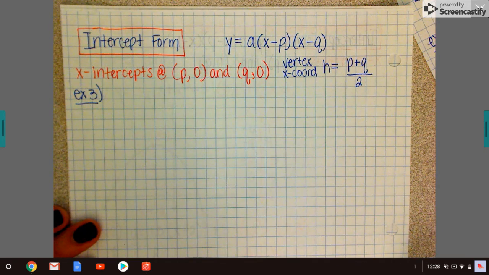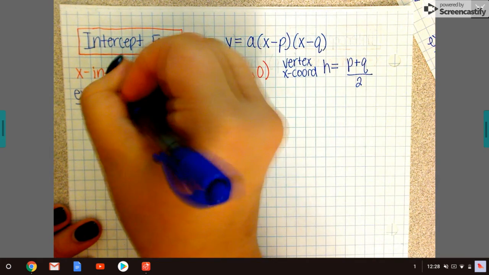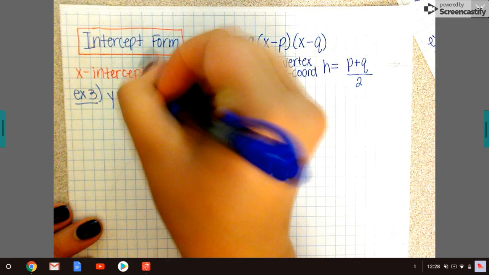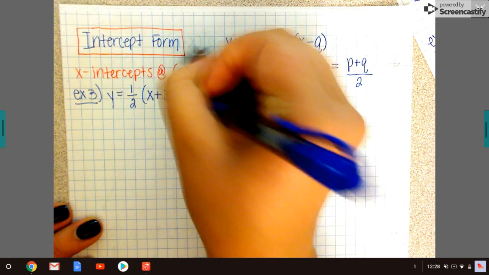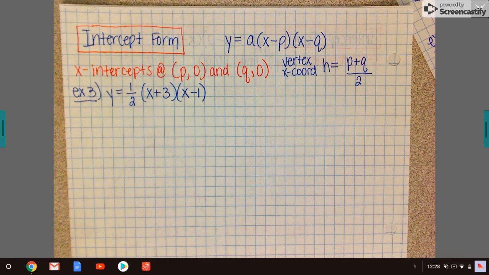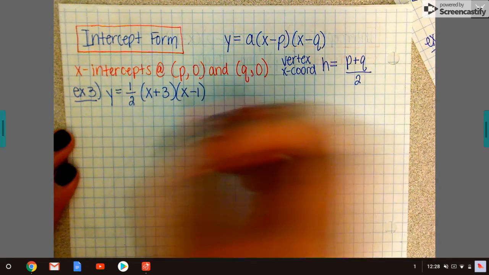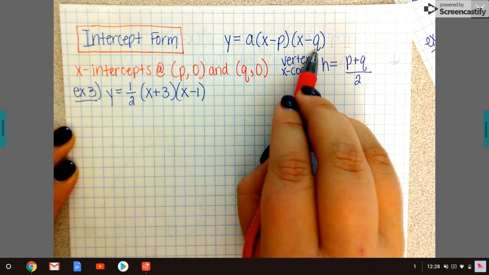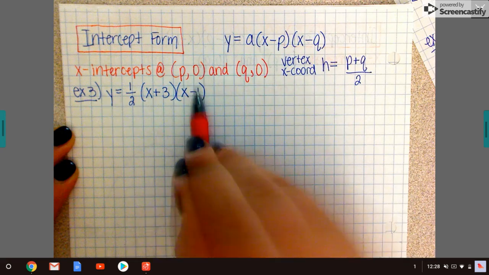All right, this one will be y equals 1/2 (x plus 3)(x minus 1). All right, we can tell our x-intercepts right from the graph. So we have a point at, we want the negative p and the negative q. So the opposite of the ones you see here are going to be our points.